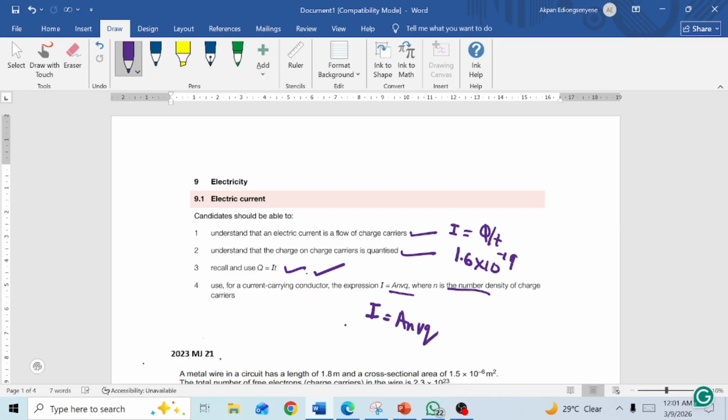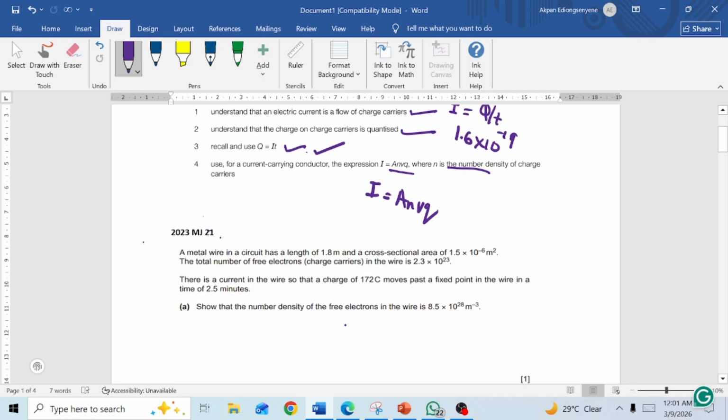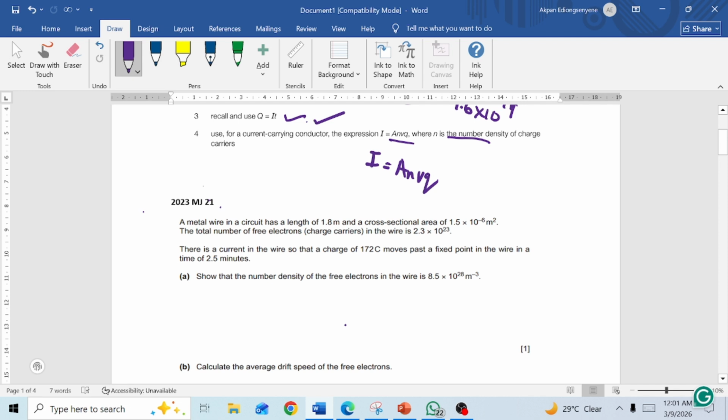Let's look at past question. This paper is 2023 May June paper 2-1. The question says a metal wire in a circuit has a length of 1.8 meter and a cross-sectional area of 1.5 times 10 to the power of minus 6 meters squared. The total number of free electrons charge carriers in the wire is 2.3 times 10 to the power of 23.